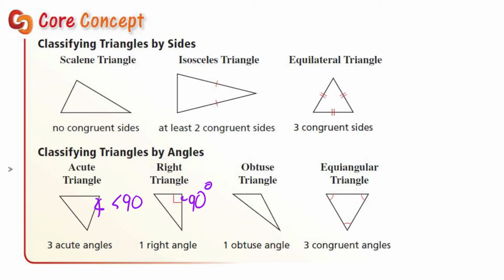An obtuse triangle means that this angle is going to be greater than 90 degrees. And an equiangular triangle means that they have three congruent angles. So this angle, this angle, and this angle are all equal to one another.